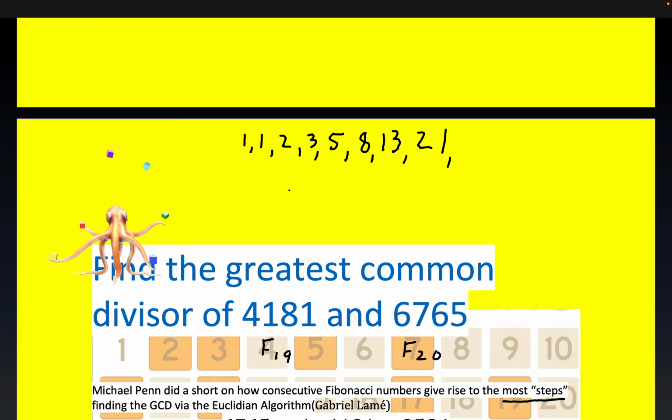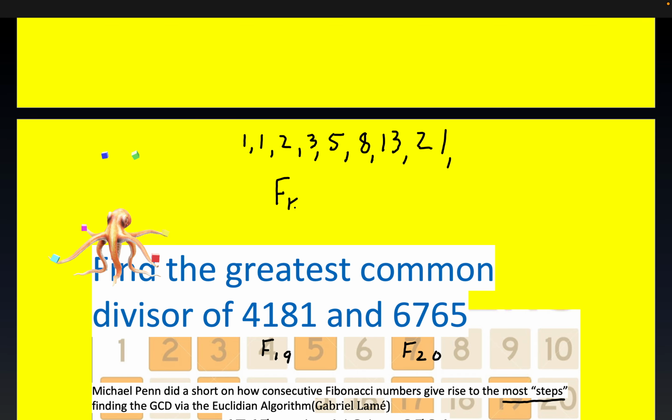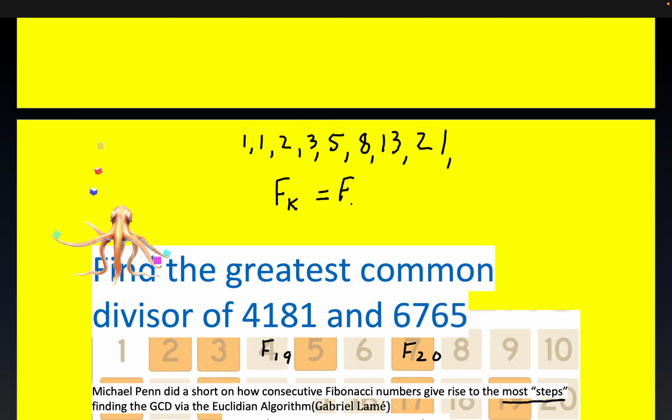But notice that a general term in the Fibonacci sequence, I'll just go ahead and arbitrarily use k as a subscript. The kth term, f sub k, is equal to f sub k minus 1 plus f sub k minus 2. And I'm doing this for a reason.